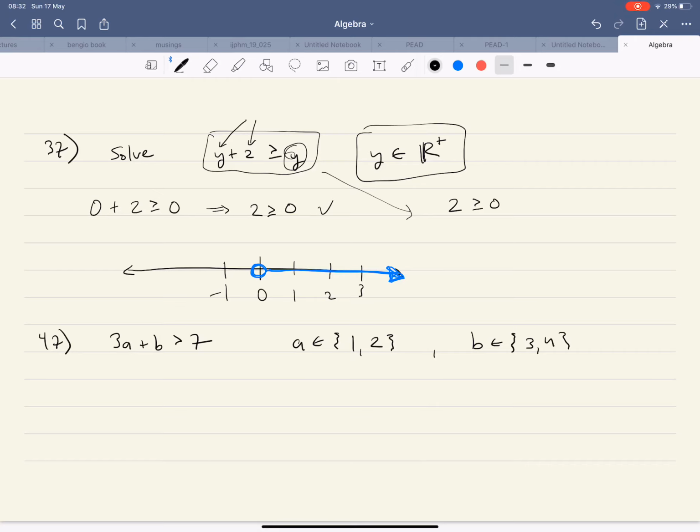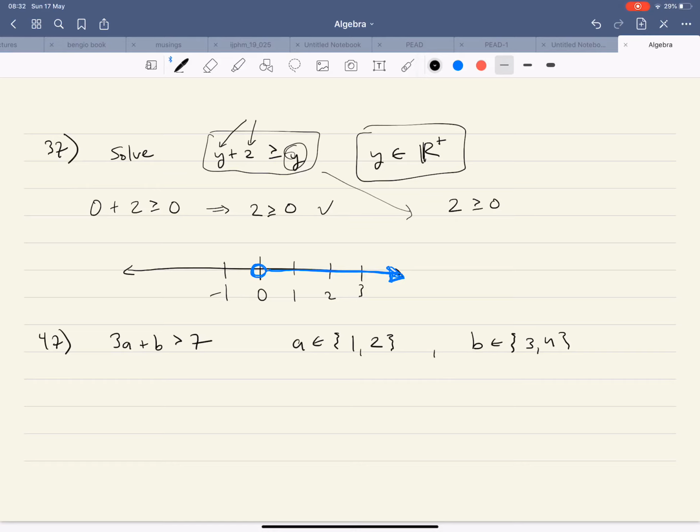And what we want to do is replace a and b with all possible pairs of values from their respective domains, and just identify whether the expression is true or false. So first we're going to enumerate the possible pairs of values for a and b.